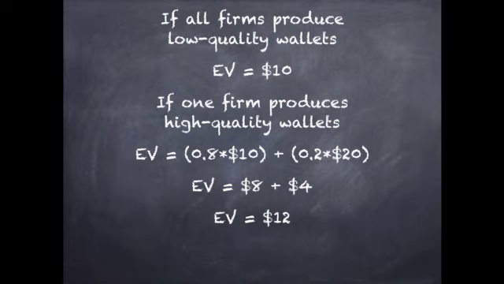So their profitability increases because another firm in the marketplace decided to produce high-quality wallets. So in this scenario, no firms will produce high-quality wallets. There's no incentive for anybody to produce high-quality wallets, because if they do, they're going to lose money, and they're actually going to improve the profitability of the firms that they are competing against.